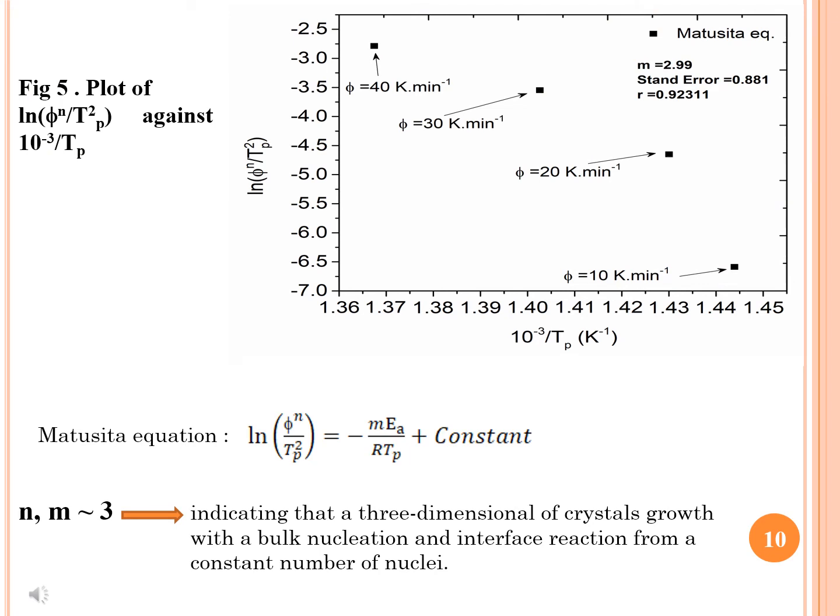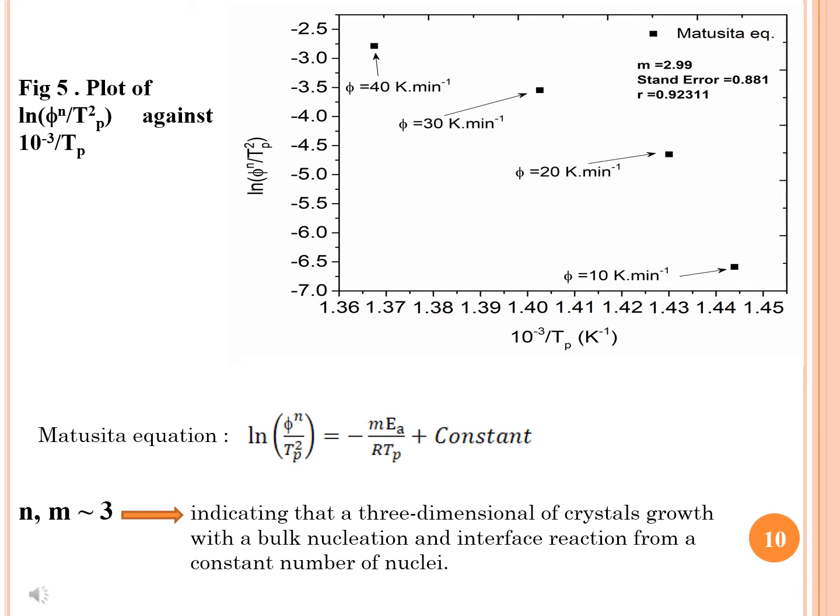Matsushita and Sakka have proposed a modified form of the Kissinger equation: the logarithm of the heating rate to the power n divided by the peak temperature squared equals minus m times the activation energy divided by the ideal gas constant and the peak temperature, where n is the Avrami parameter which indicates the crystallization mode, and m is a numerical factor which depends on the dimensionality of crystal growth.